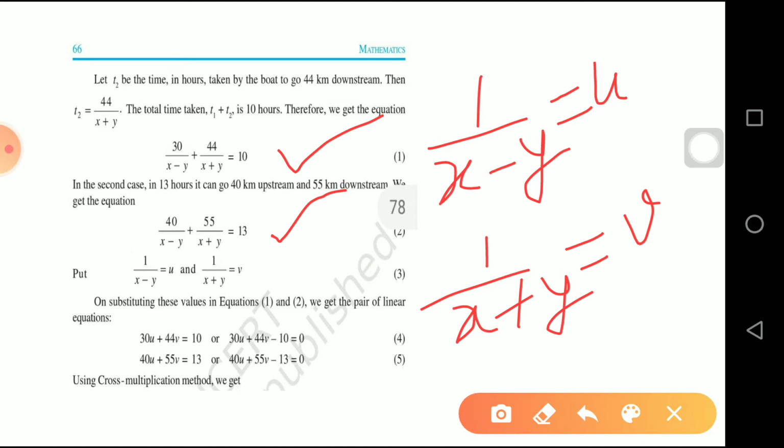After substituting, we will have 30u plus 44v equal to 10 for the first equation, and 40u plus 55v equal to 13 for second equation.